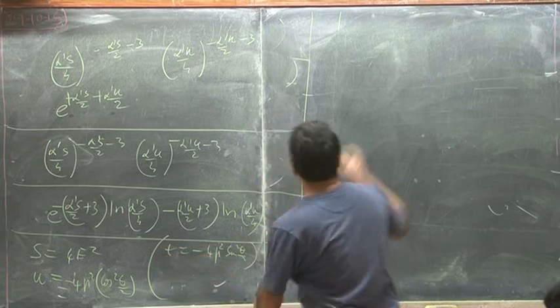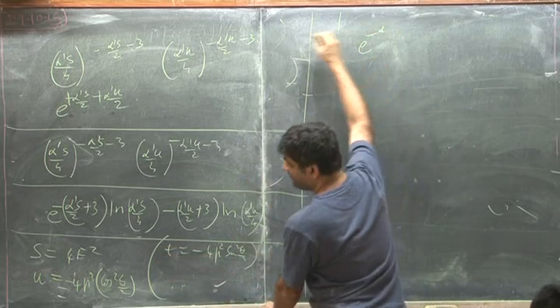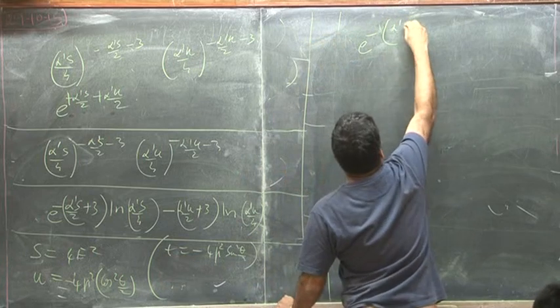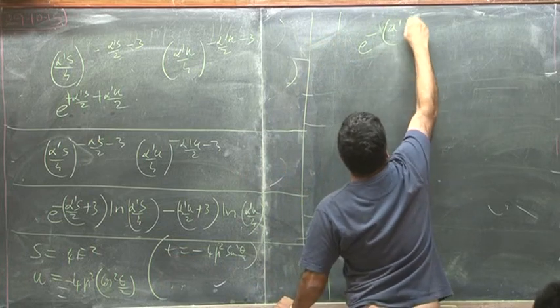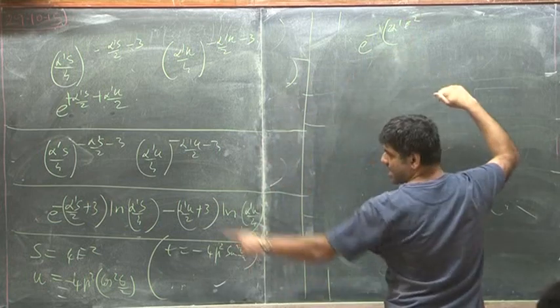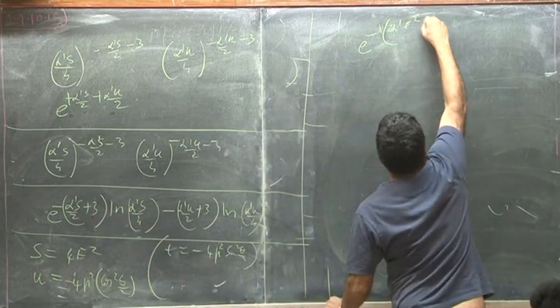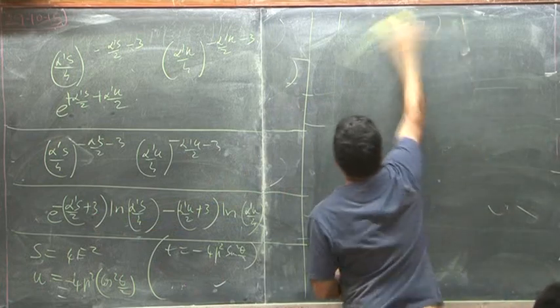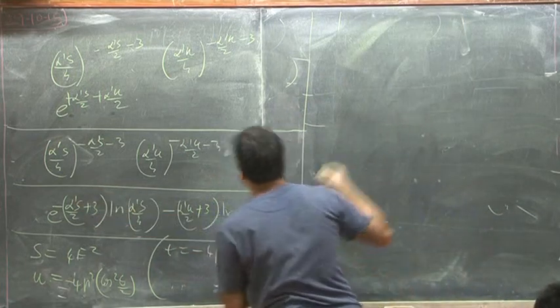Okay, so let's plug this in. So we've got e to the power minus alpha prime 2e squared plus 3 into, I'll just keep track of it once again, just the argument of the exponential.